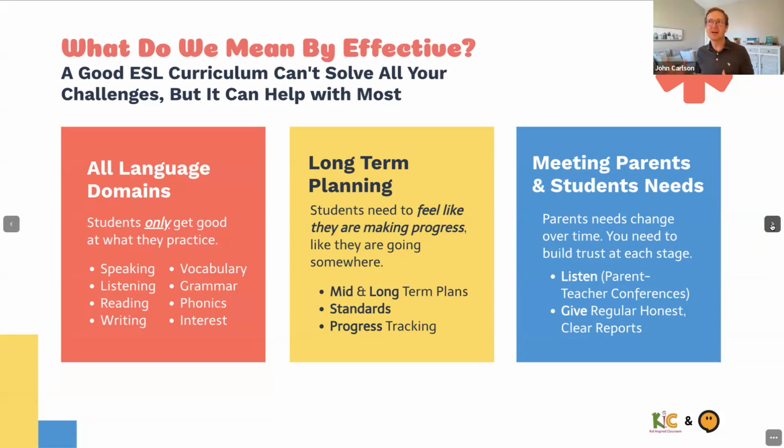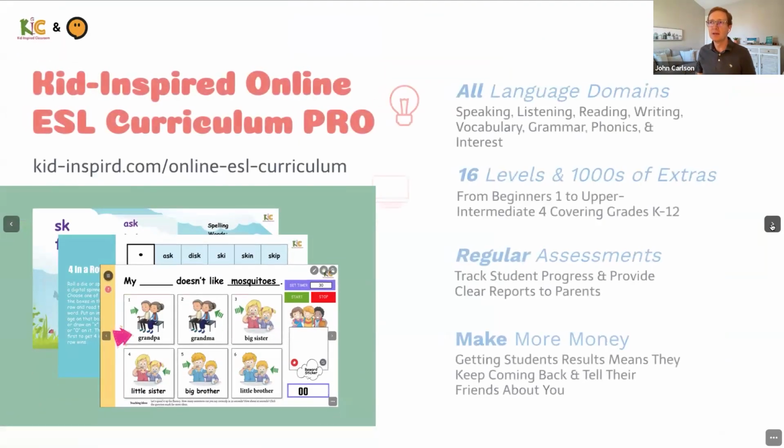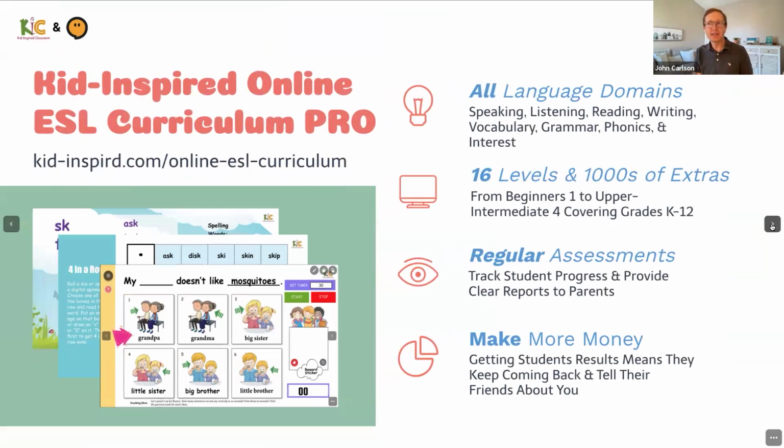So all of these things are big challenges that curriculum can help us to resolve by helping our students to get these kinds of results. So the Kid Inspired online ESL curriculum pro, if you are interested in learning more about it, you can go to the URL that's here. You can go to kidinspired.com. I just noticed I spelled Kid Inspired wrong on this page, so there is an E in Kid Inspired.